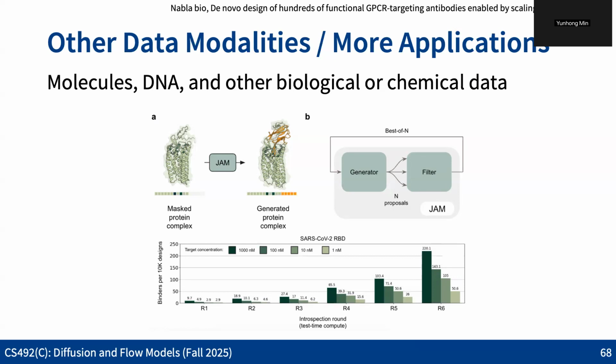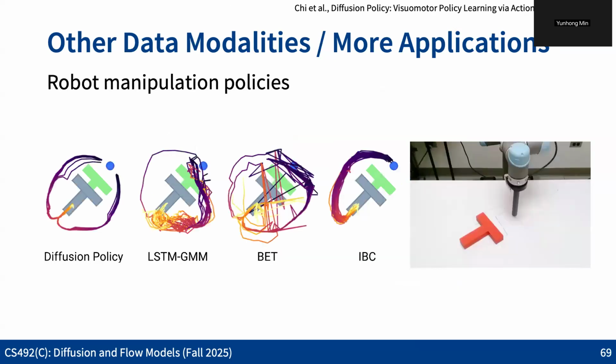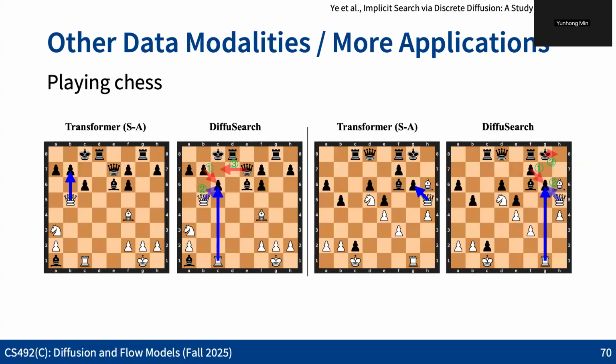Diffusion and flow models are also widely used for robot manipulation and robot planning. This is interesting because we need to produce a sequence of data points, so this might also be a good target for making a hybrid version of autoregressive and diffusion models. And there are many other examples.